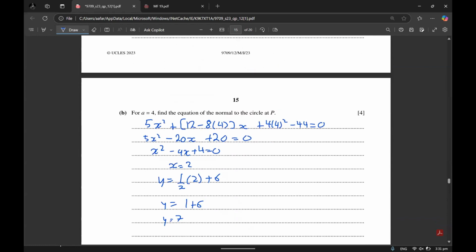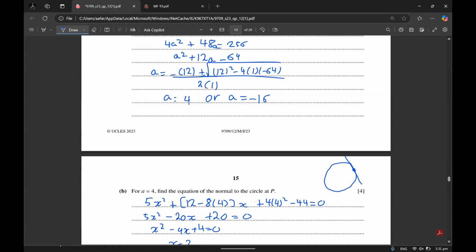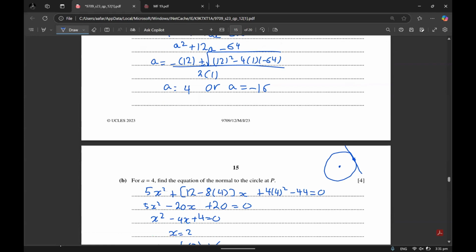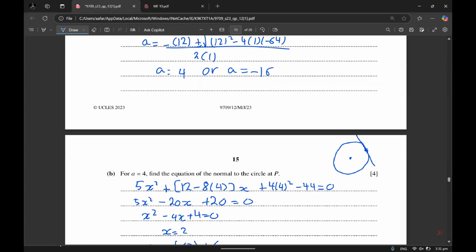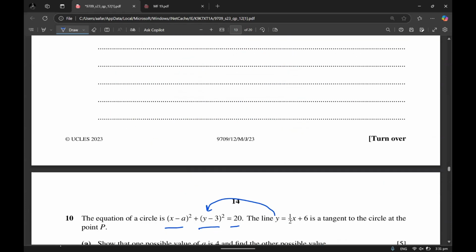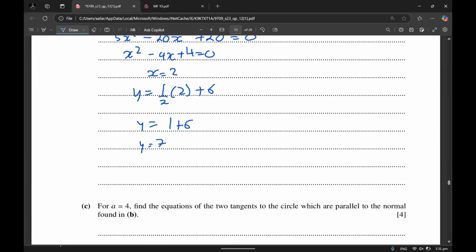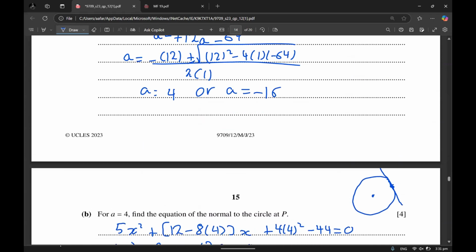Okay, now this is the important part. We know that in this circle, let's say this is point P where the line intersects, and this is the center. This is the tangent to the circle at point P, right?